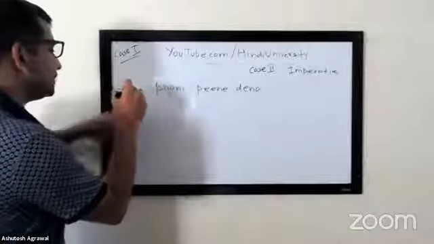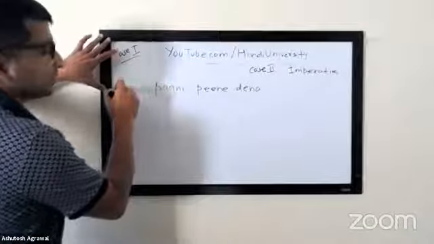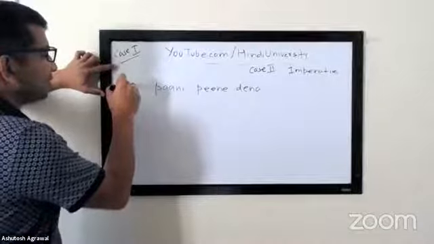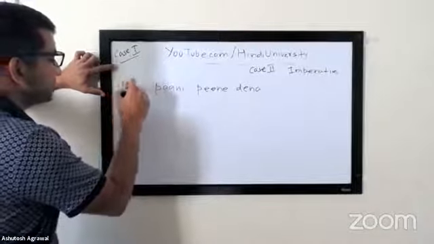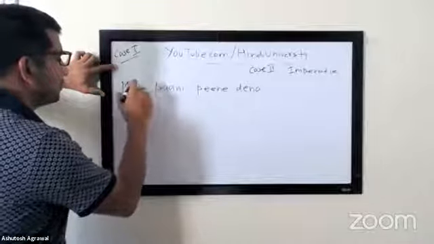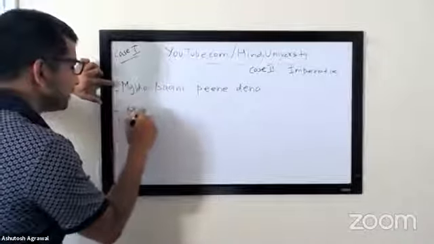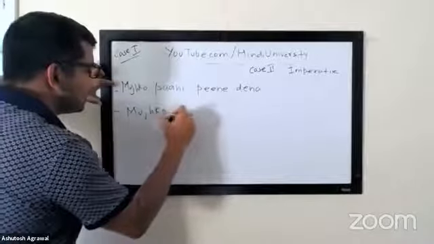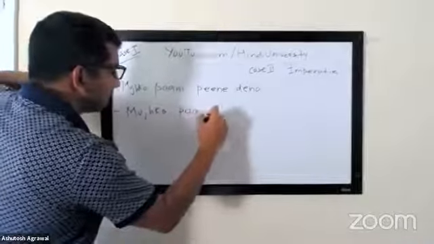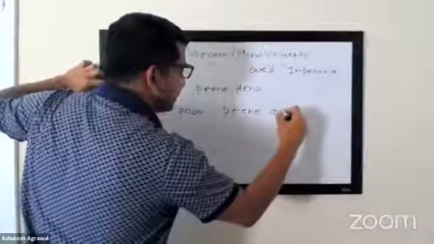Okay, and let's use the same thing. You want to use any pronoun with it? "Mujhko pani peene dena," or you want to use something else? Yeah, let's use this. So "mujhko pani peene dena" versus "mujhe" or "mujhko pani peene do", right?